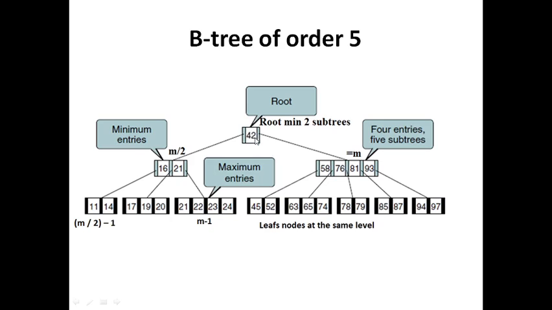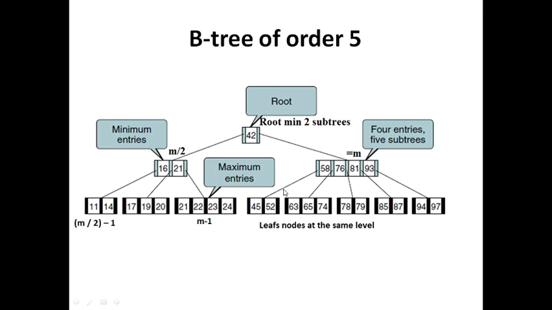Root can have a single value, but except the root, all other nodes must have m by 2 number of children, and the maximum number of entries is m minus 1. Here you can see that it has got 4 entries, which is m minus 1. So that is also the maximum, and everywhere you can see that the conditions are fulfilled, so it seems to be a valid B tree.